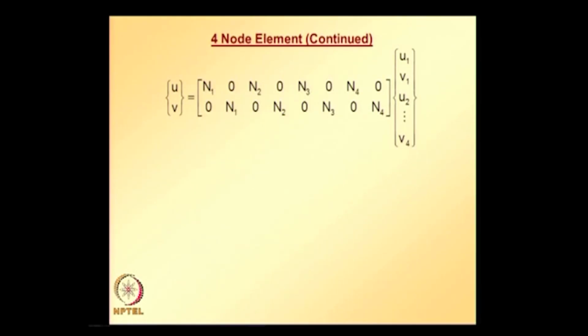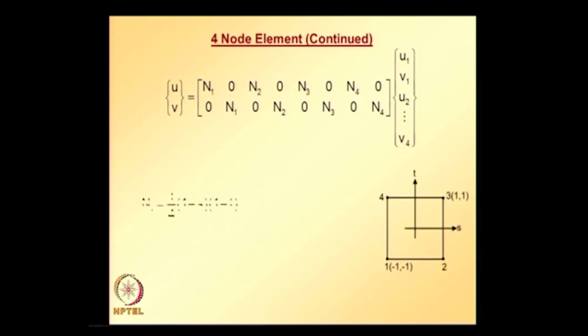Once we have the shape functions of all 4 nodes of the parent element, we can write this equation which interpolates displacement using the nodal values at the 4 nodes and the interpolation functions or shape functions. Here N1, N2, N3, N4 are nothing but shape functions corresponding to the 4 node parent element.